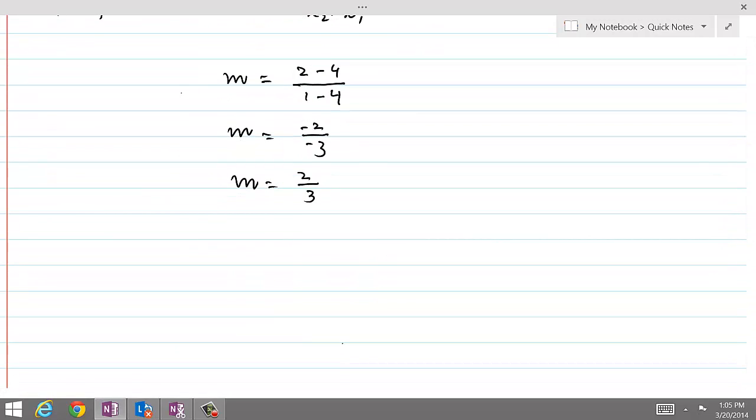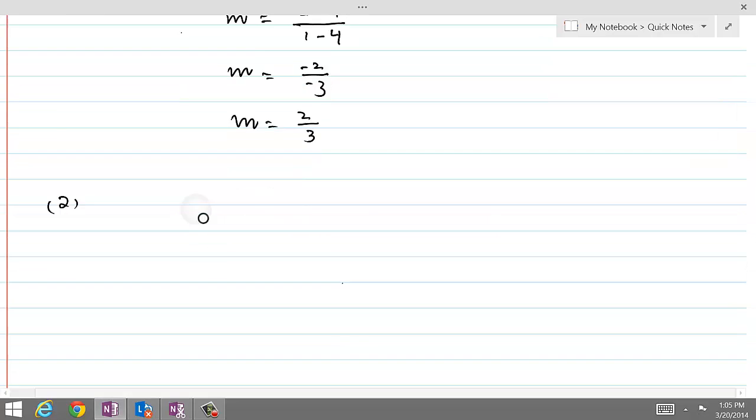Now the next question is that we are required to draw a line with slope minus 3 and denominator 7. So this is question number 2. For that purpose, let's draw the grid here.